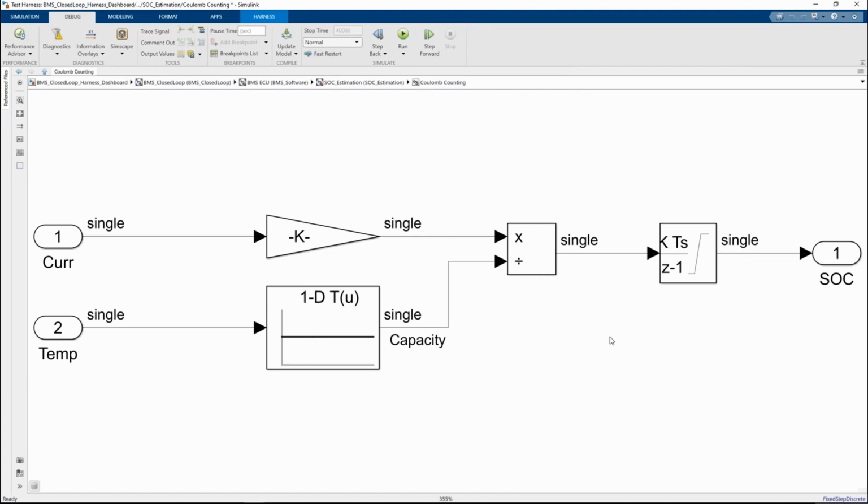A benefit of this method is its simplicity and very low computational cost. Its drawbacks include the accumulation of current sensor error and its inability to recover from an incorrect initial condition because of the lack of feedback from voltage measurement.